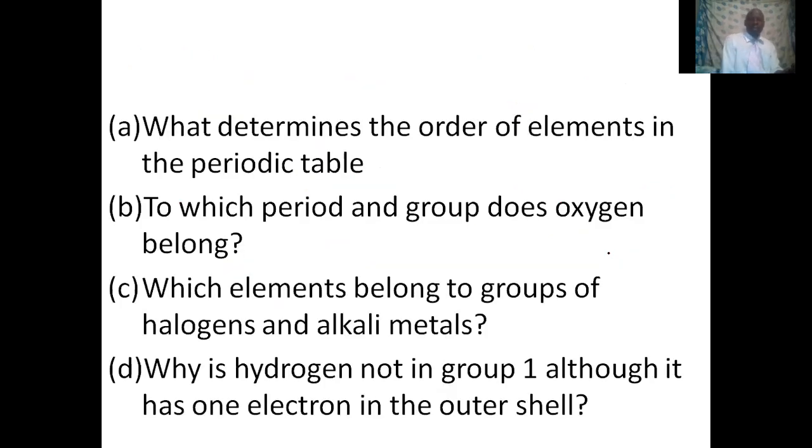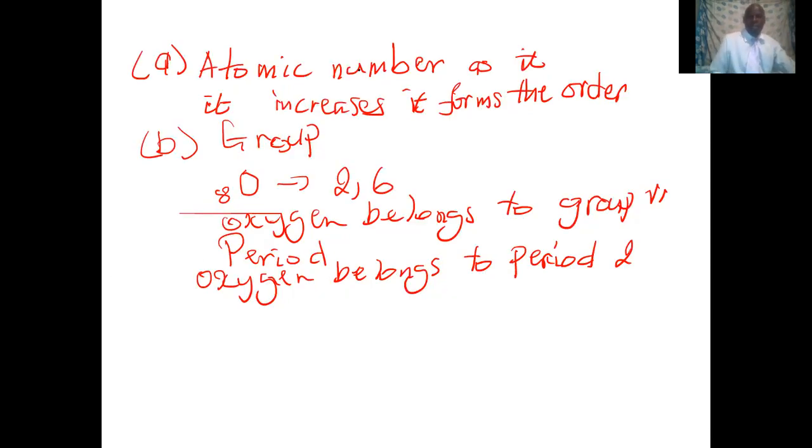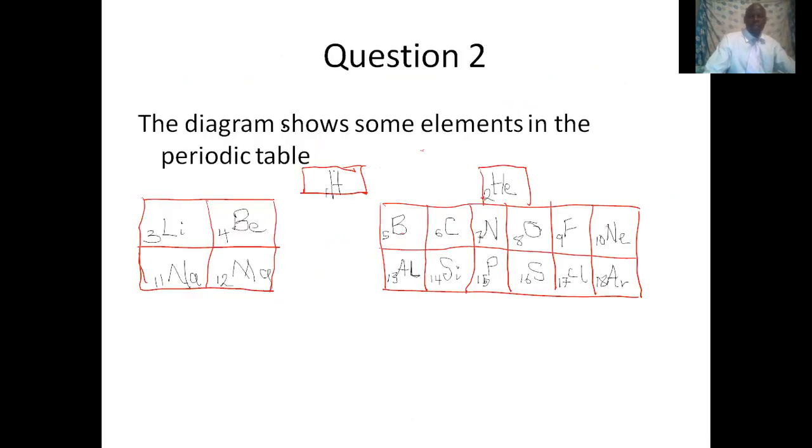Number C, which elements belong to the groups of halogens and alkali metals? From here, you notice that these elements are known as alkali metals, and these here are known as halogens.